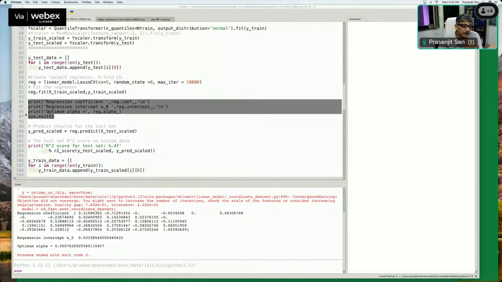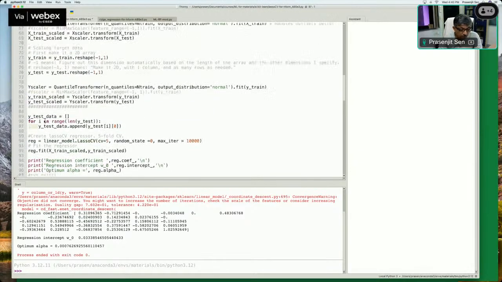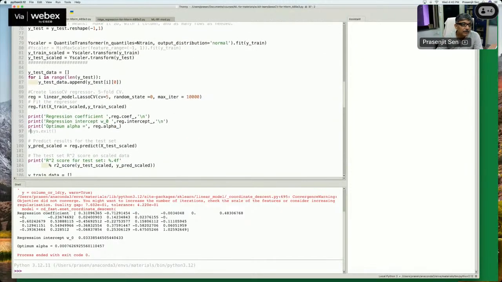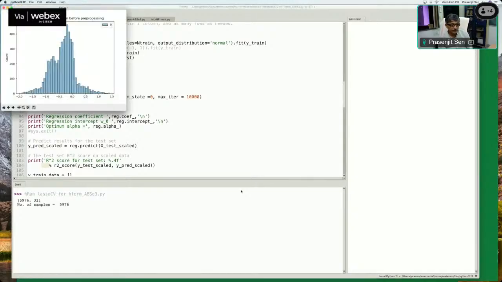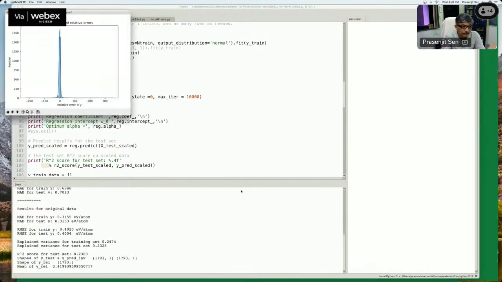So let us see what kind of results we get if we run the full model, do our predictions, and calculate the performance metrics. I did not explain this relative error.